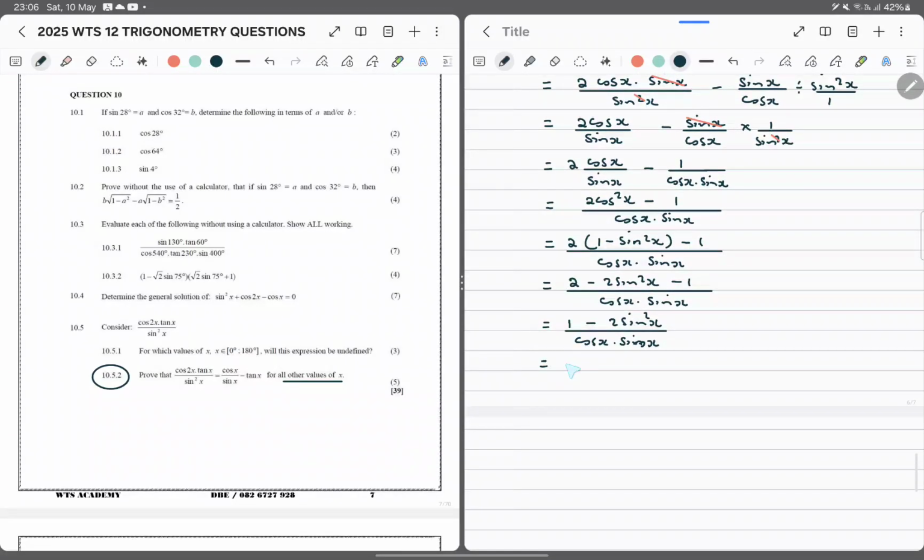This is 1 over cos x sine x. I'm not quite happy with this question. 2 sine squared x over cos x sine x.